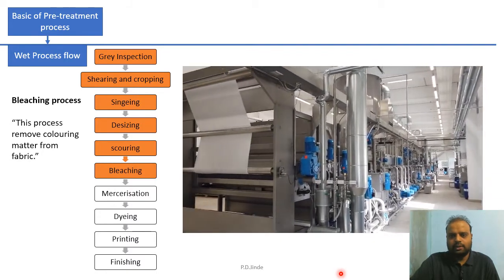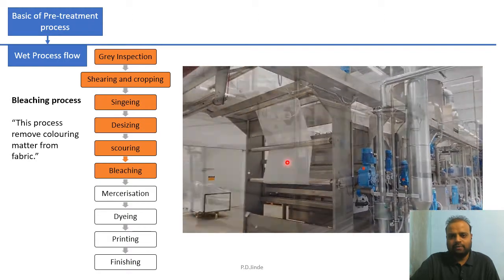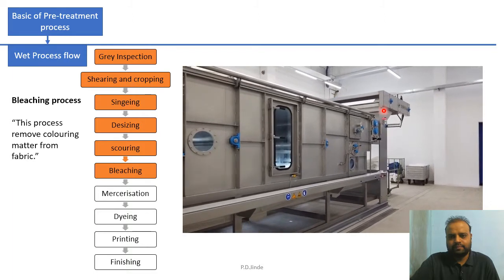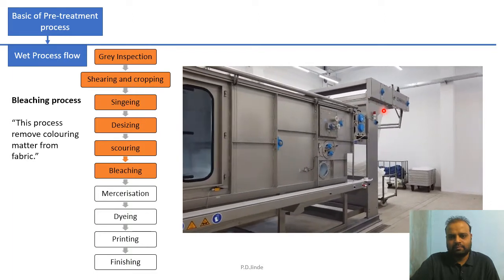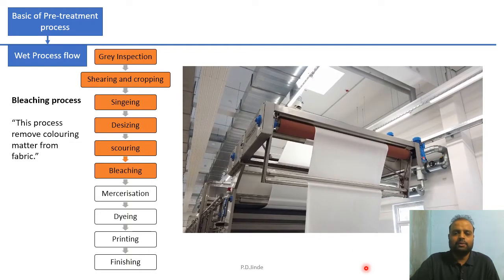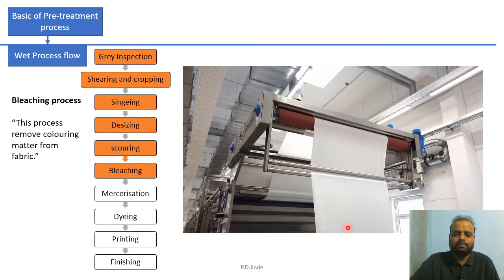And ultimately, once bleaching completes, this fabric is piled into a container. Now you can see the color of this fabric is bright white.